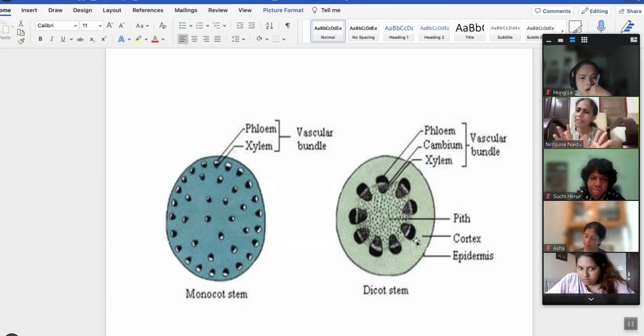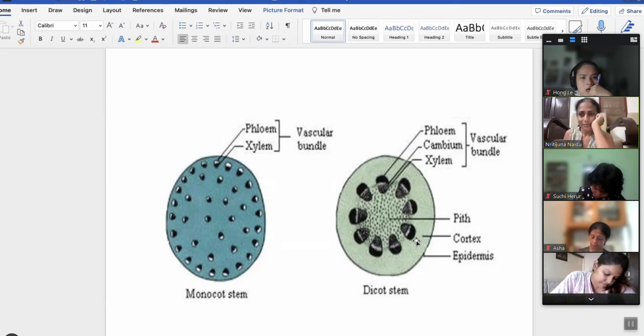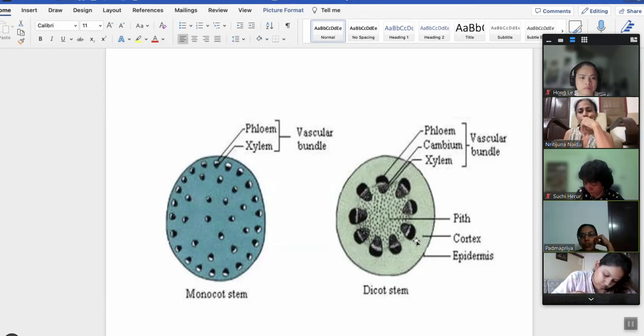So if there's no cambium there, how are xylem and phloem growing? Any thoughts on that? Maybe xylem and phloem itself take the role of cambium. Maybe.